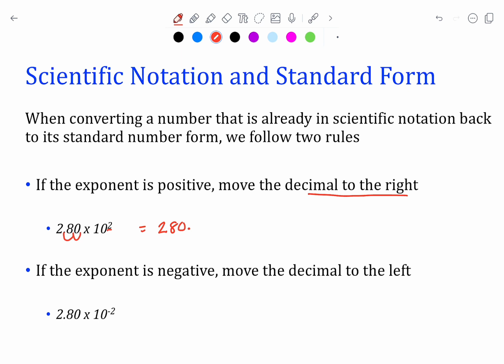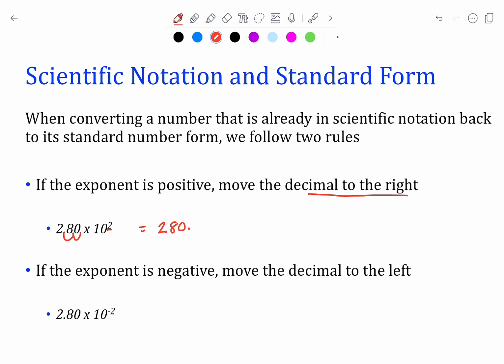So because now I'm going from scientific notation to standard form, my exponent rules are swapped. Whereas before, when I was going from standard form to scientific notation, we moved the decimal to the left and showed it as positive. And if we went to the right, we showed it as negative. So now we are swapping those. So you have to be careful about what way you're transferring scientific notation to standard or standard to scientific notation.